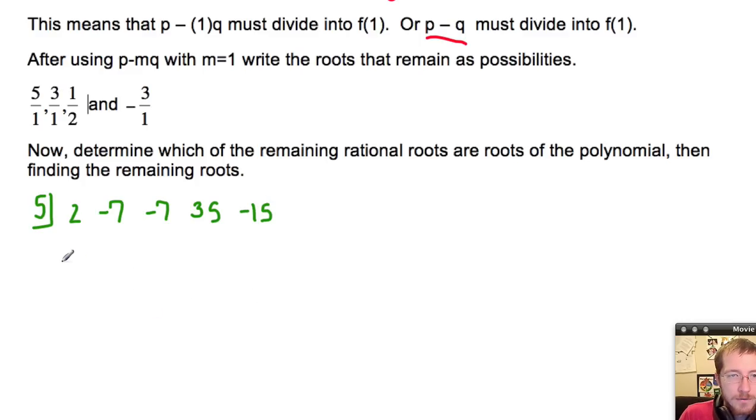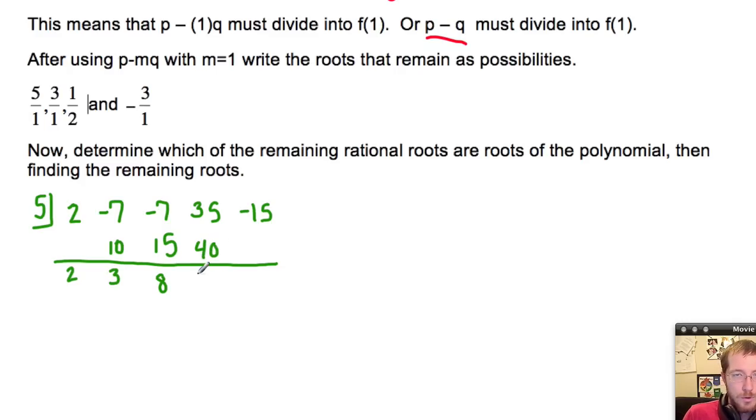Okay, so for synthetic division, draw a horizontal line, bring down the first 2, times 5 is 10. We get 3 times 5 is 15. We get 8 times 5 is 40. Ooh, that's going to be a big number. 75 times 5 is, I don't know what it is, but we're definitely not going to get a 0. Okay, so we don't need to go on. So 5 is not a root.